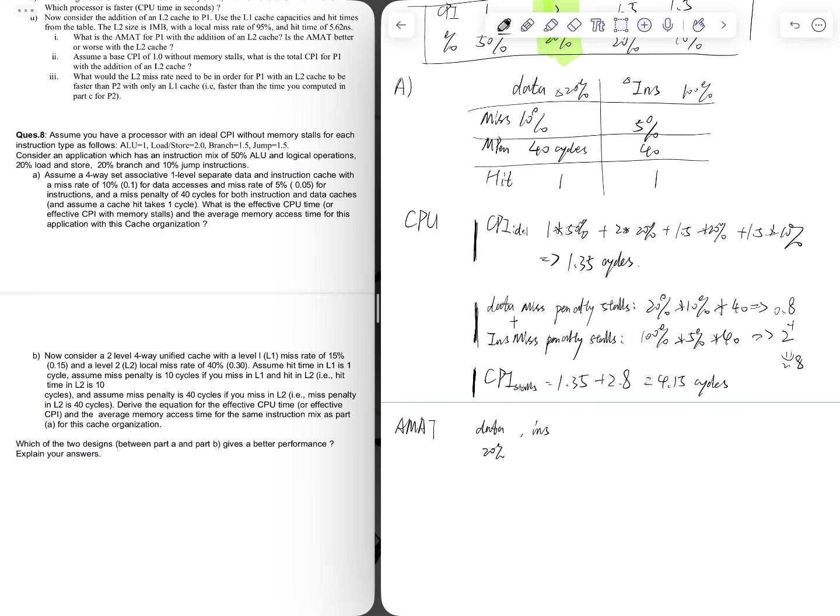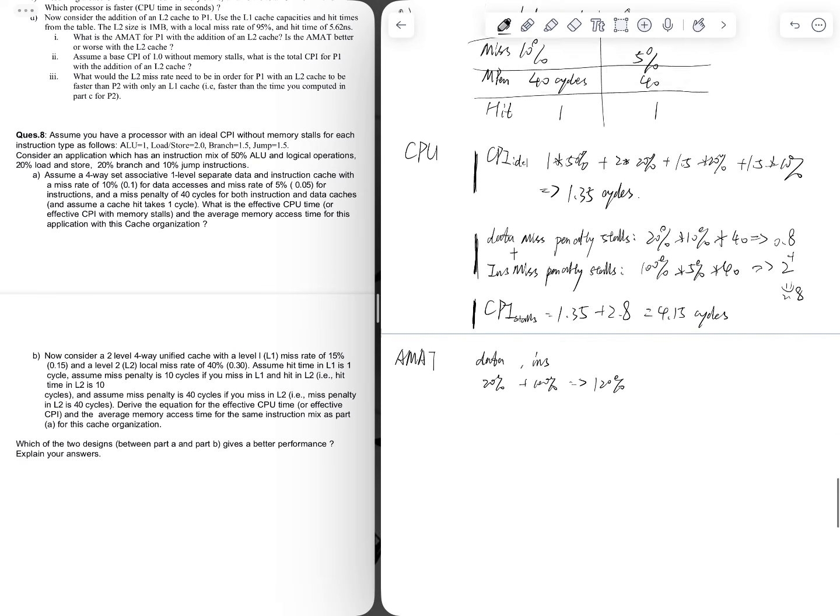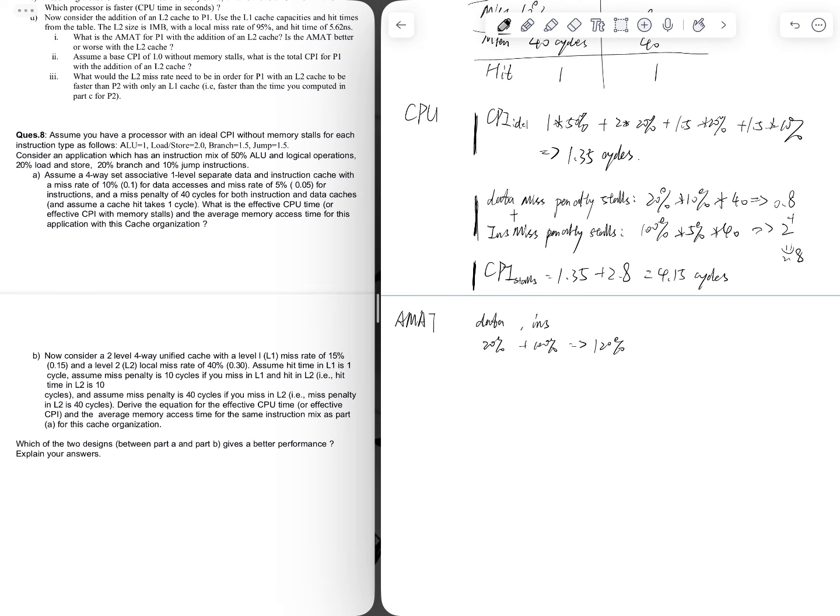Here is the 20%, here is the 100%, so you can consider it as 120% of the accesses. The instruction we need to fetch, and the data we also need to fetch. So totally it is 120%. Okay, and the AMAT.